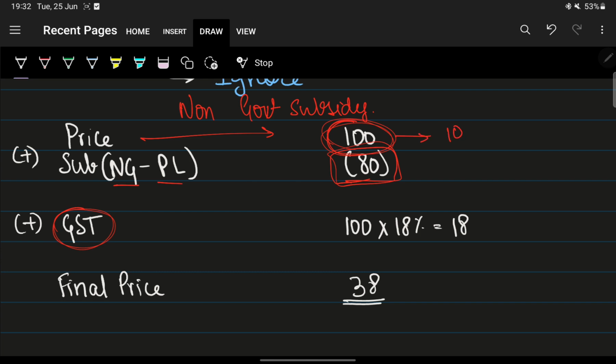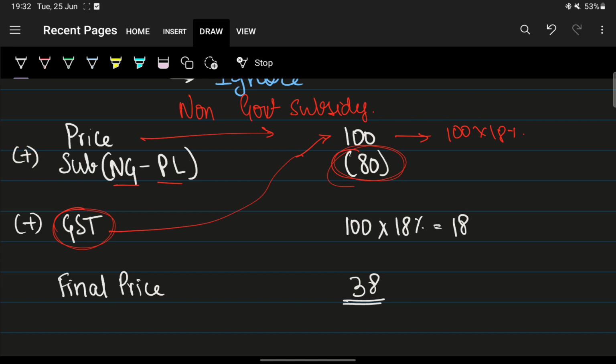We should not reduce the subsidy amount for this. When we are charging GST, we should charge on the full amount, not on the reduced amount, because non-government price linked subsidy is not allowed to be subtracted. So it should form part of the value of supply. Is that clear?